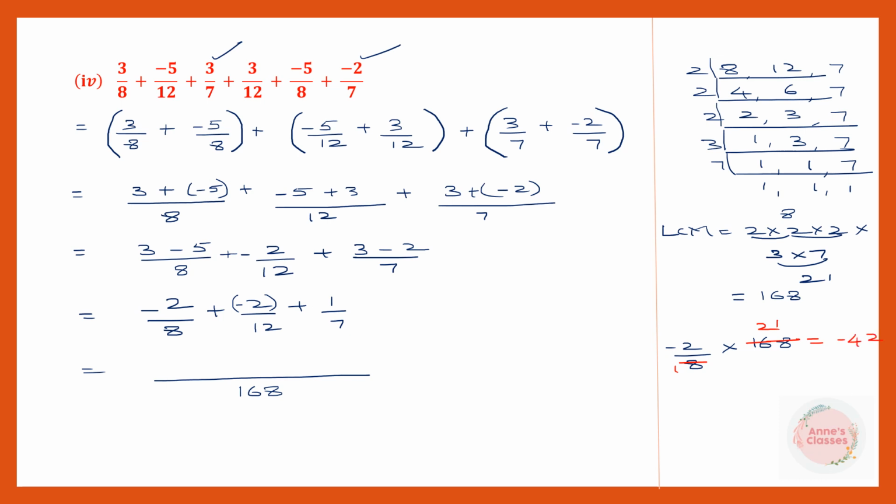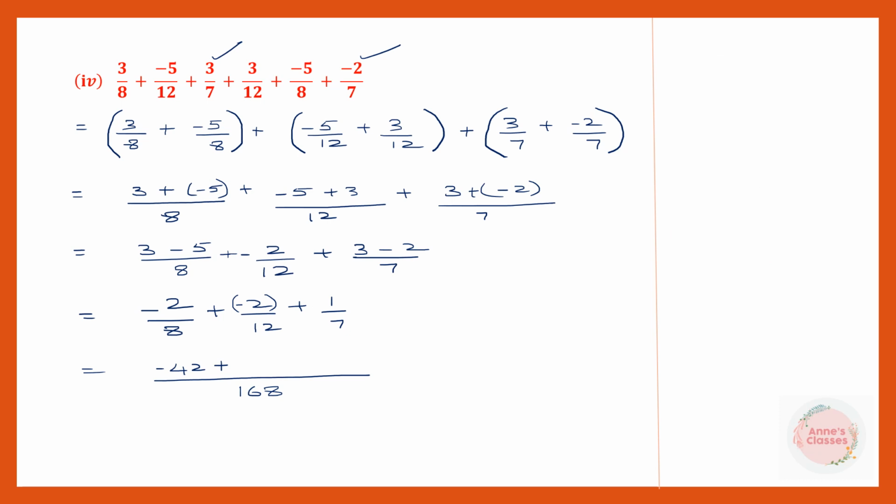So let's write that here, minus 42 plus, now here 12, this is a denominator. Let's take that rational number, minus 2 by 12, and multiply this with the LCM, which is 168. Now we can cancel 12 and 168. Now let's use 4 and see. We'll try with 4.